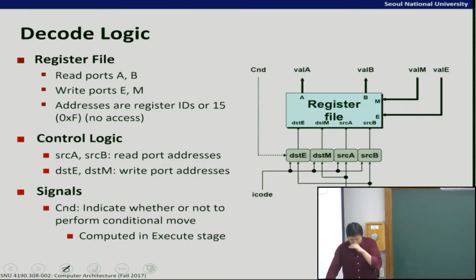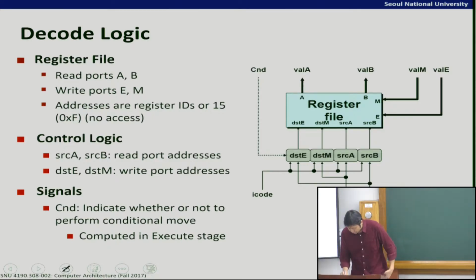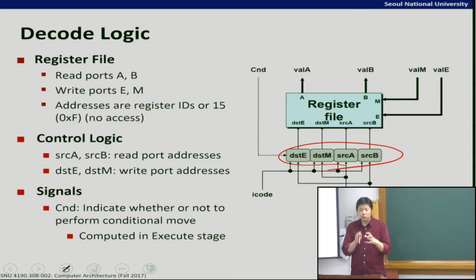Okay? There is control logic which computes the register specifiers, because we have 4 register ports. Each port requires an address, the register ID, for read or write. So there are 2 read ports A and B, and write ports E and M, and the addresses are register IDs.